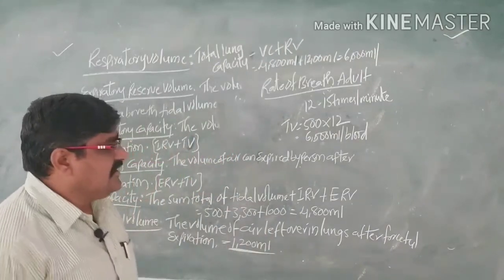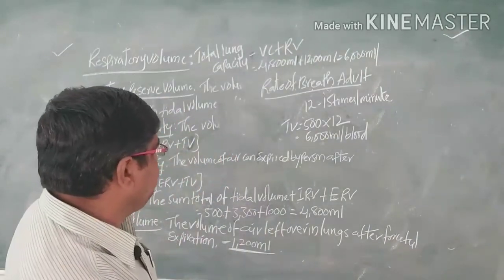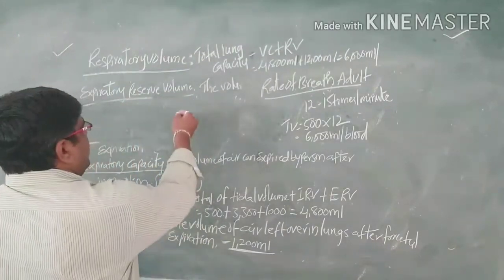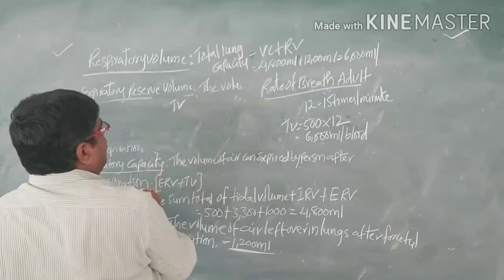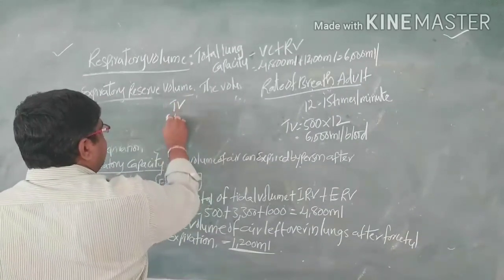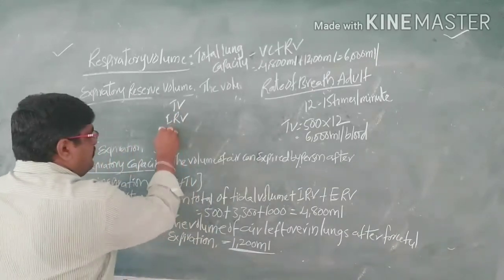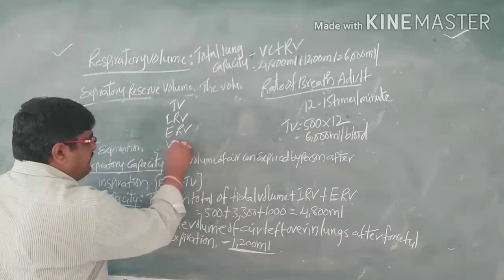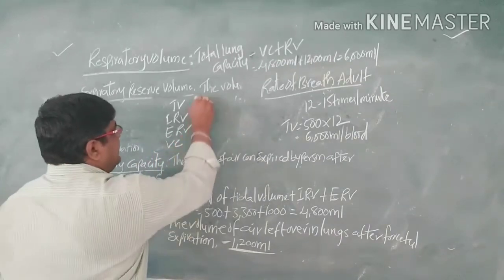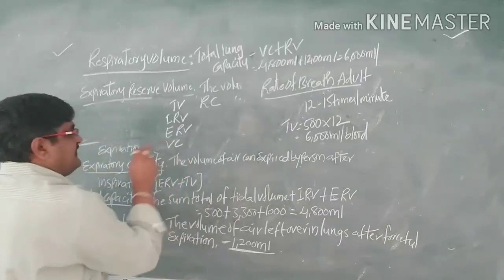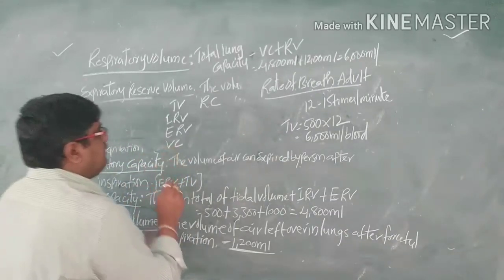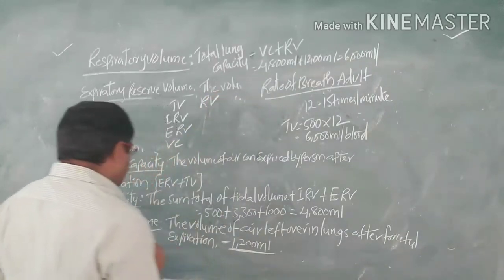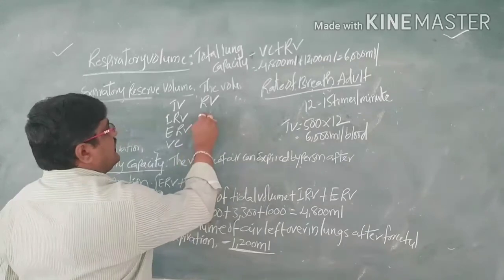So here we have the respiratory volumes. The first is the tidal volume, next the inspiratory reserve volume, and the expiratory reserve volume. Later the vital capacity, RV meaning residual volume, and TLC meaning total lung capacity.